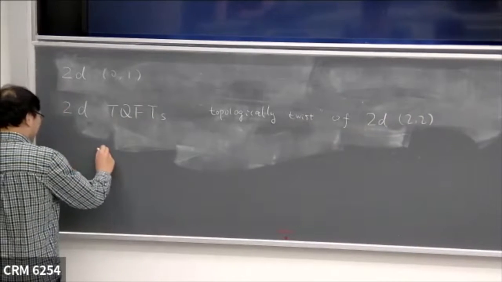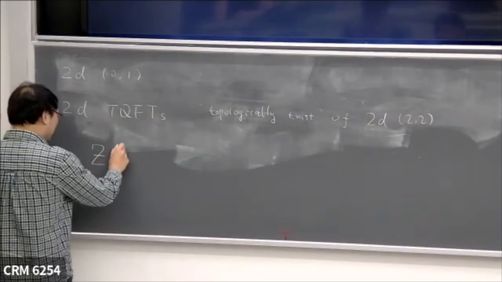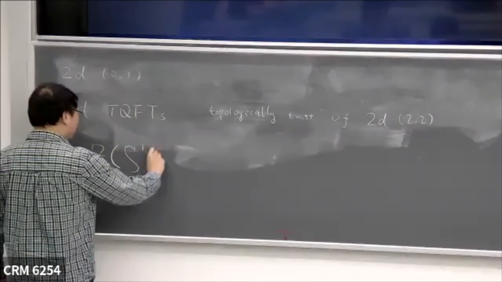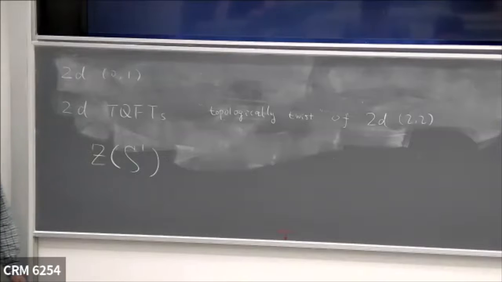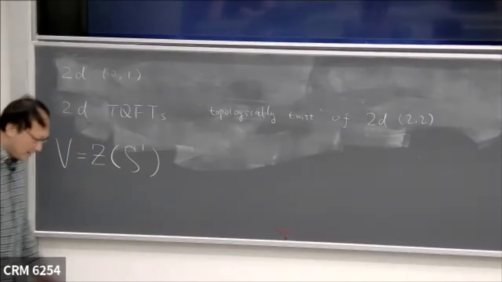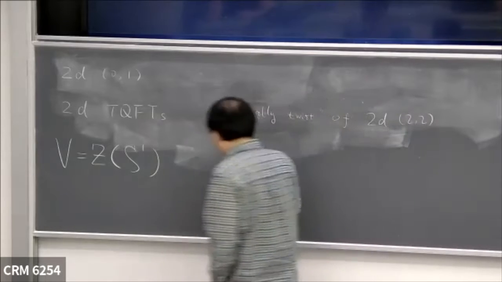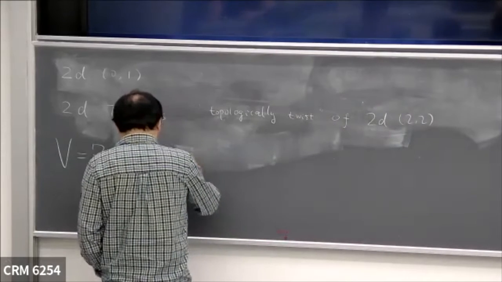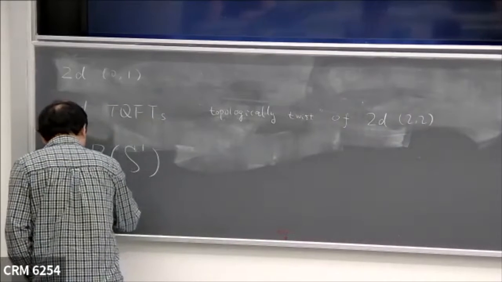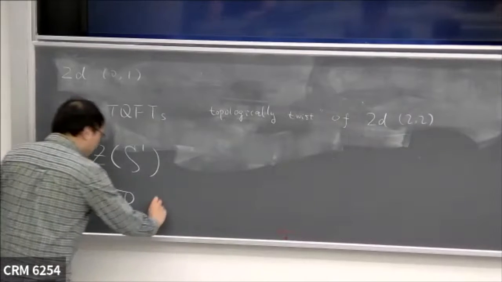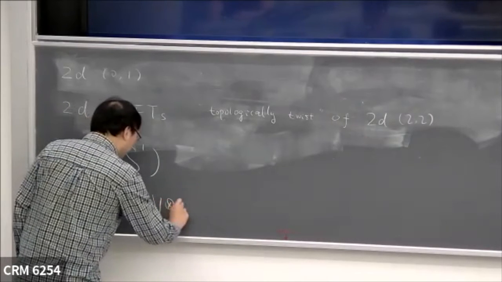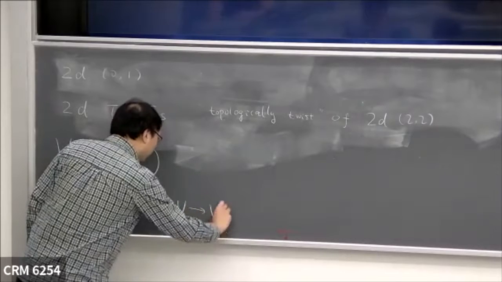So the QFT functor should assign to S1 a vector space V. And then it should be an algebra, because the pair of pants gives you a map from two copies of V to V.